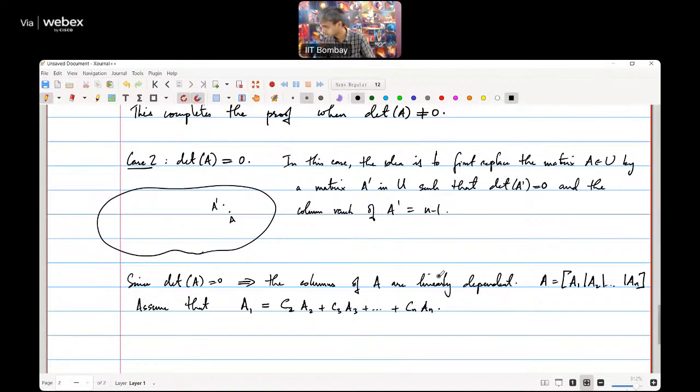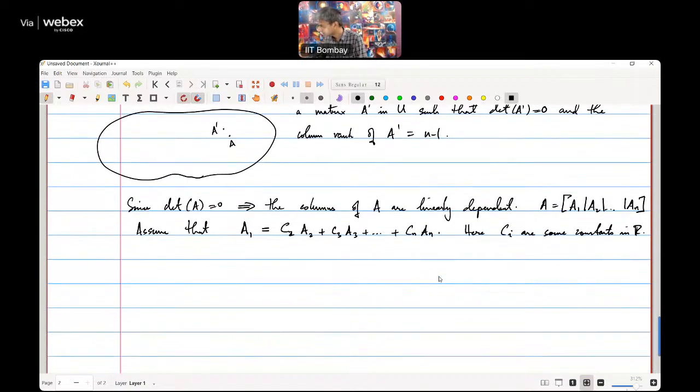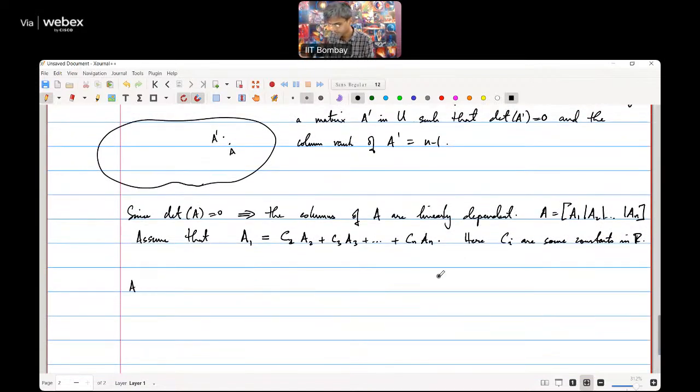Here the ci's are some real numbers, constants. These constants only depend on the matrix A. Now let's also write A in block form.